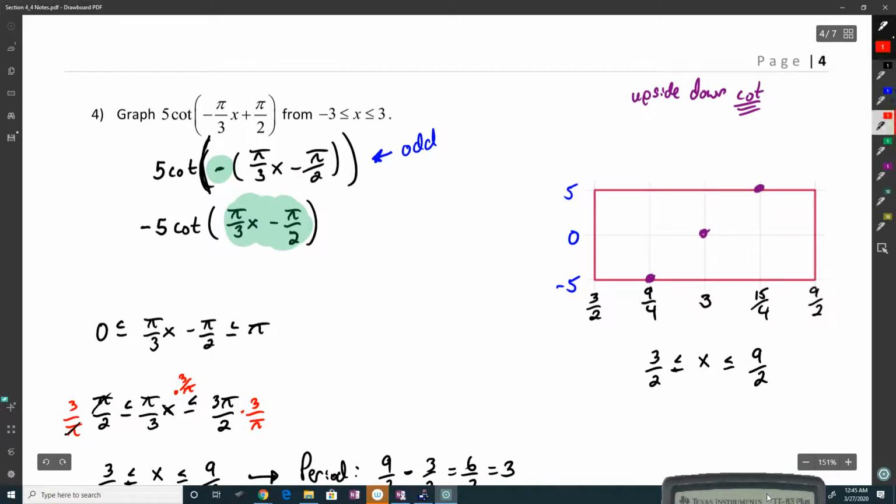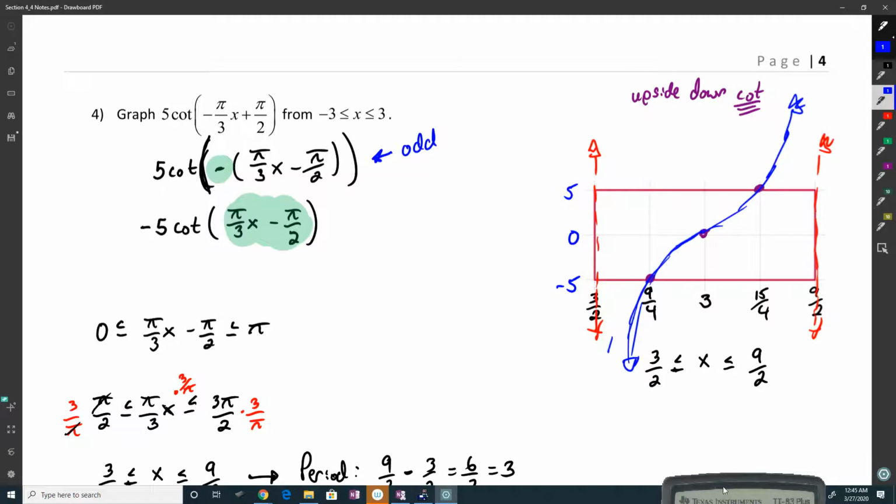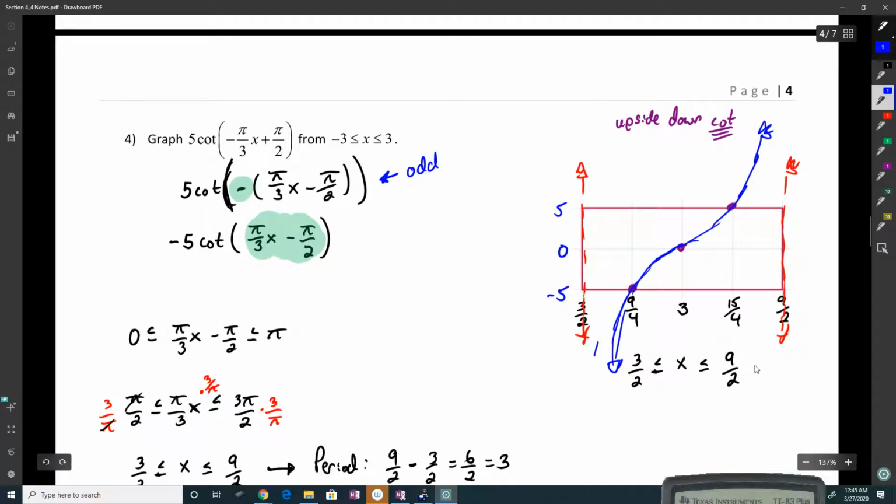The edges are still asymptotes. But my graph is going to look like a half parabola one way, half parabola the other way. Now I just got to put that in context.